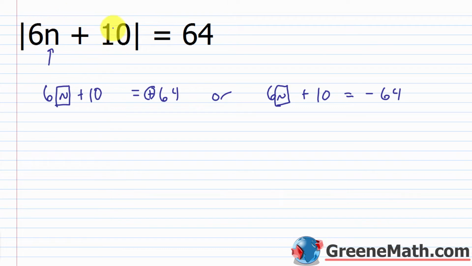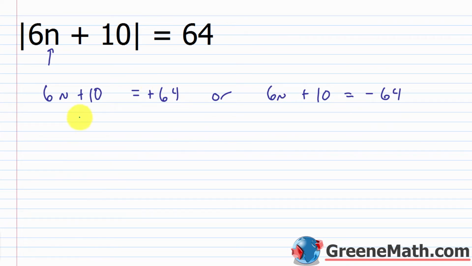The result I'm saying could be positive 64, or it could be negative 64. It makes no difference because the absolute value operation will make it positive, right? If it's positive, it stays positive. If it's negative, it's going to become positive. So I don't care if I get 64 or negative 64 because either way, I'm going to get a solution to the equation. So let's go ahead and solve each one of these. And we're going to plug both of them in, and I'm going to prove to you that it works either way.